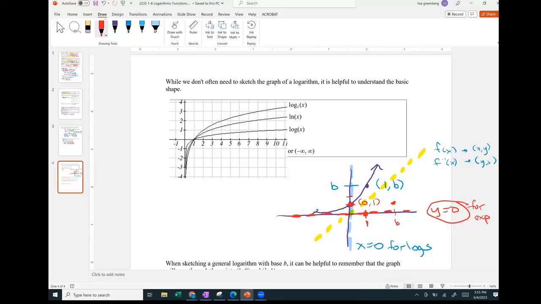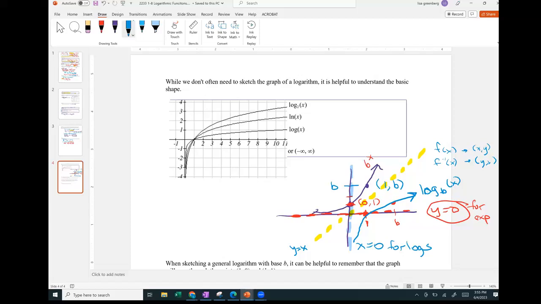So this right here, we'll call this b to the x, and I will call this graph log base b of x. Notice they reflect around that yellow y equals x line, which is a mathematical truth about inverse functions. They reflect around y equals x.